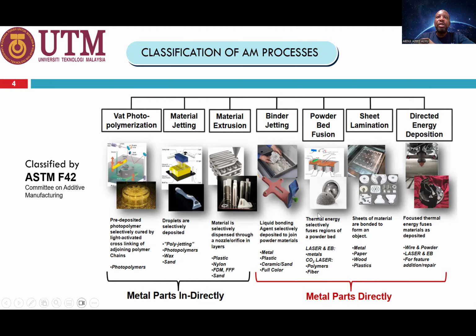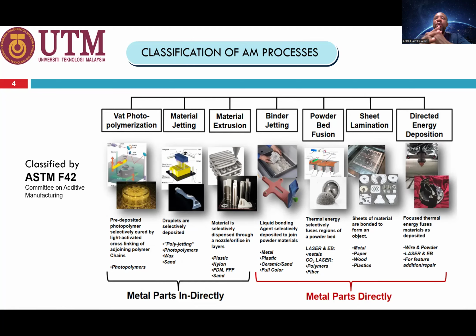So we have four main kinds of them. We have binder jetting, which mainly uses bonding liquid agents to form a component. It is normally in the form of powder materials, and it may be metal, plastics, or ceramics. Another form of additive manufacturing is powder bed fusion, sometimes called selective laser melting.